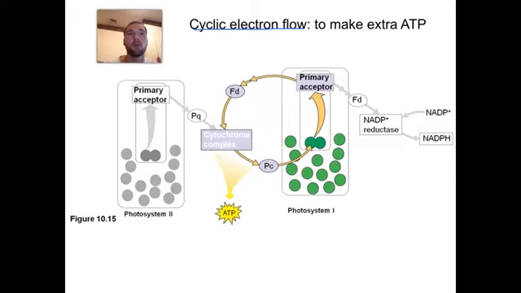And the way we do that is when we get our excited electrons in photosystem 1, when they get captured by the primary acceptor, instead of sending them down the electron transport that would make NADPH, we're going to cycle them back to the first electron transport chain, where that cytochrome complex is.